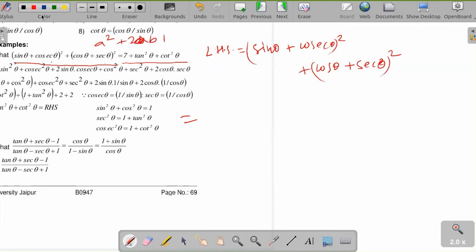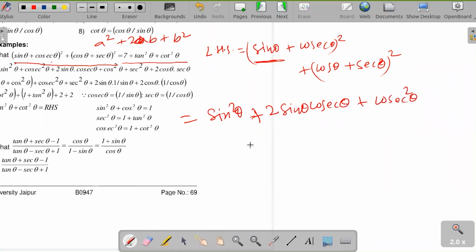So it will be sine square theta, cosec square theta, plus, oh sorry, I forgot 2ab. 2ab means 2 sine theta into cosec theta, and plus b square, that means cosec square theta.